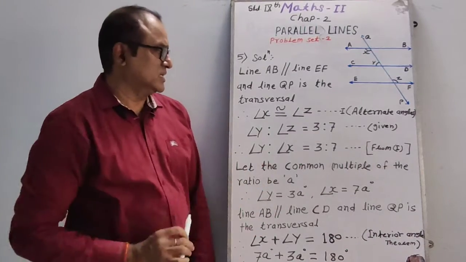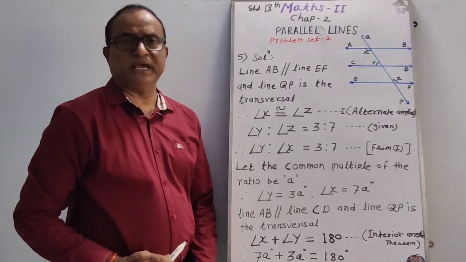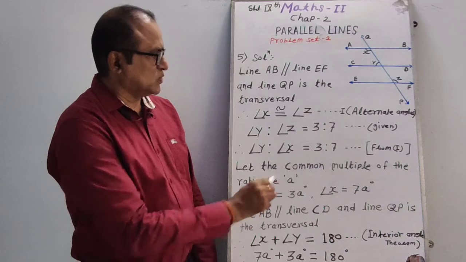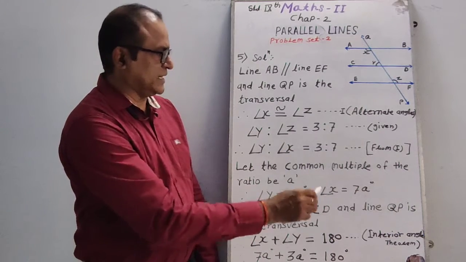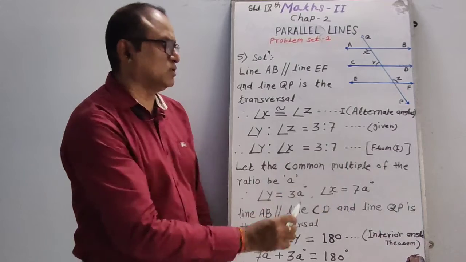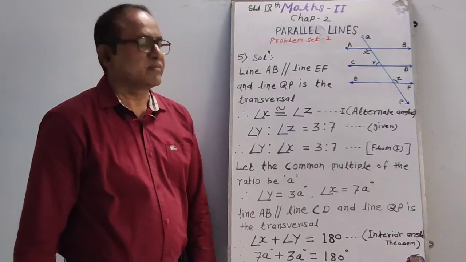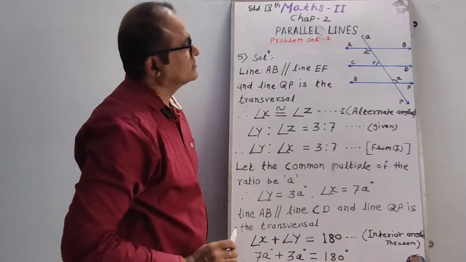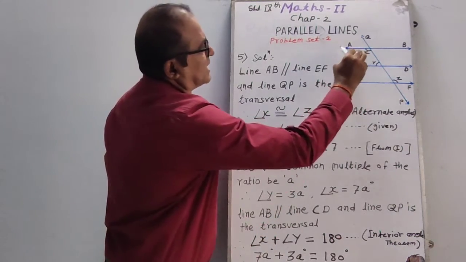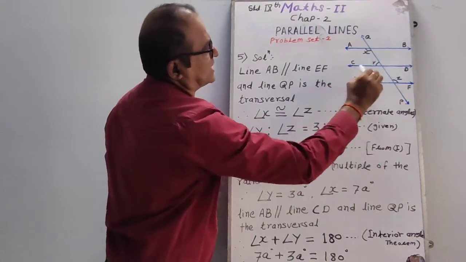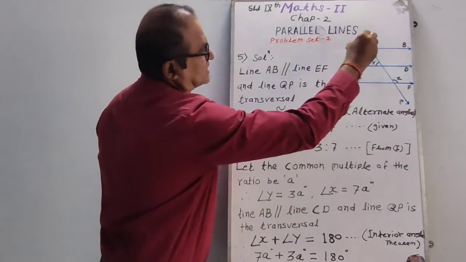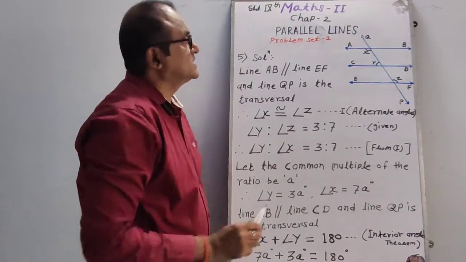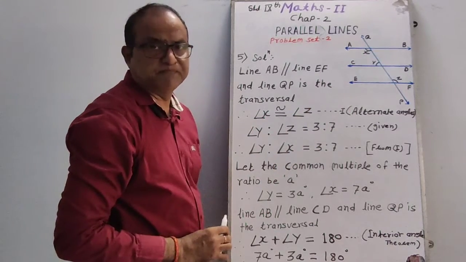Let the common multiple of the ratio be A. Therefore, angle Y is equal to 3A degrees, and angle X is equal to 7A degrees. Here, angle X and angle Y: line AB is parallel to line CD and QP is the transversal, so angle X and angle Y are interior angles, and the sum of the interior angles is 180.